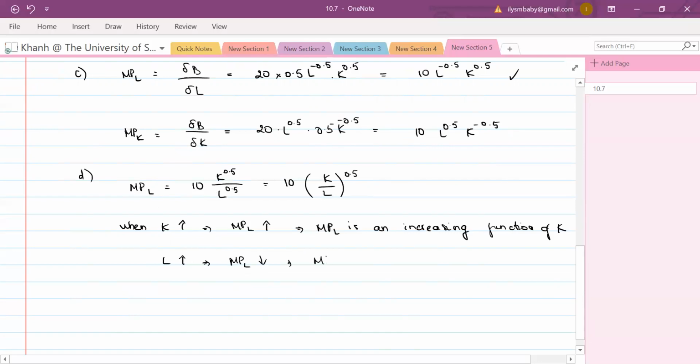Therefore we conclude that marginal product of labor is a decreasing function of L.